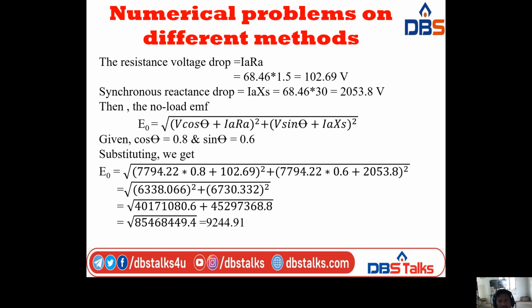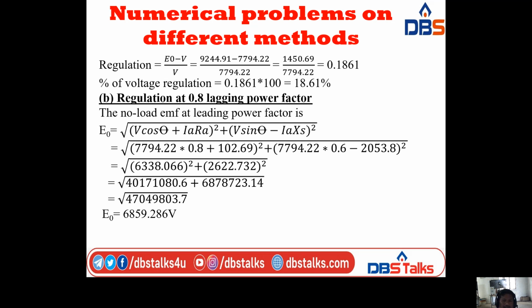Therefore, E naught is equal to square root of (V cos phi plus Ia Ra) square plus (V sin phi plus Ia Xs) square. We know cos phi is 0.8 and sin phi is 0.6. By calculating, we get E naught as 9244.91. Therefore, regulation is E naught minus V by V, that is 9244.91 minus 7794.22 by 7794.22. We are getting 0.18, in percentage 18.61%.